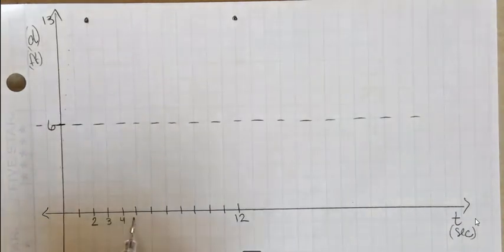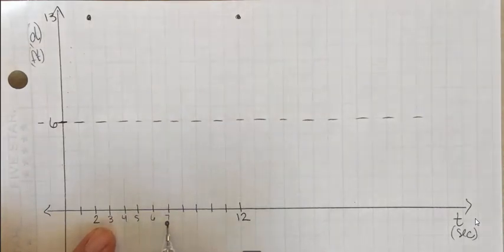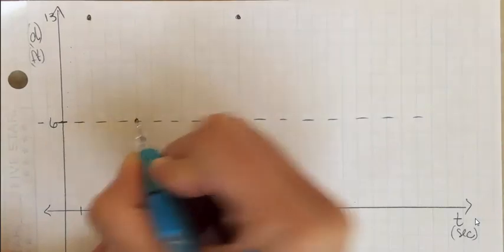So 3, 4, 5, 6, 7. Now, when am I on my sinusoidal axis? Well, that's going to be halfway between 3 and 7.